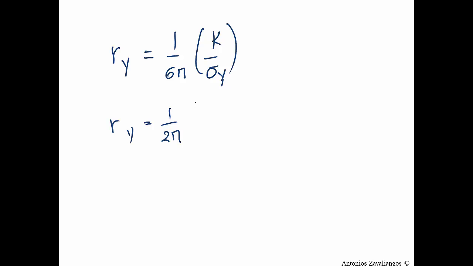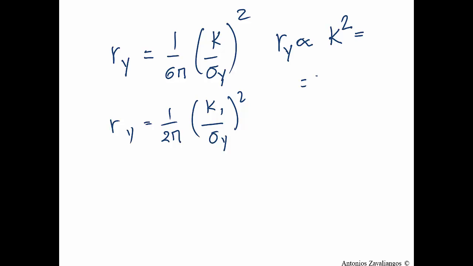So we said that the plastic zone is either 1/6 or actually 1/2 pi of the stress intensity factor divided by the yield stress. Okay, so what we need to realize here is that the plastic zone is proportional to K squared, which is equal to sigma squared times pi a, where a is the half length of the crack.